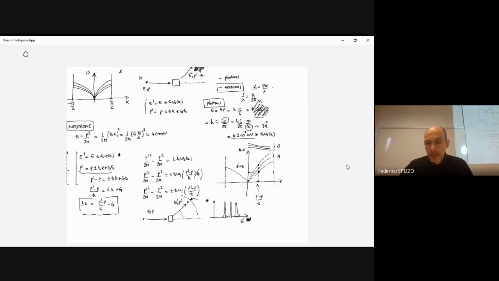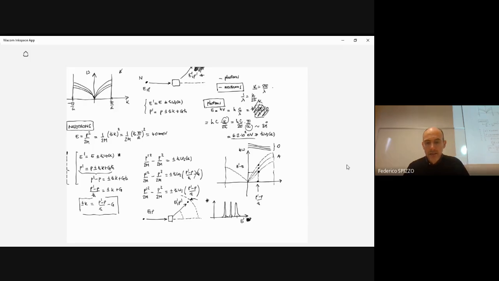Again, you may reconstruct the phonon band structure just by letting the neutrons interact with your solid and looking at what happens to the neutrons for all the possible angles that you may access using your detector.